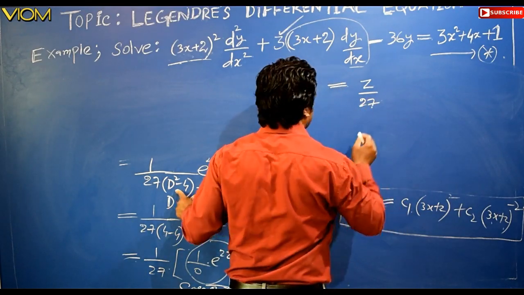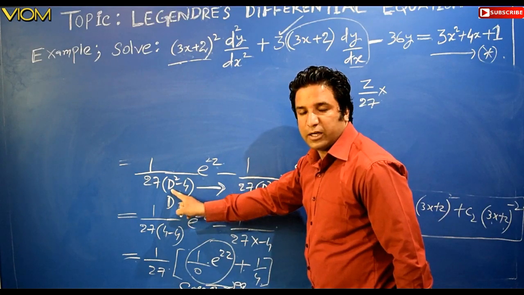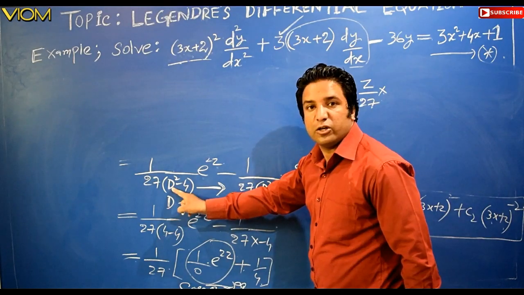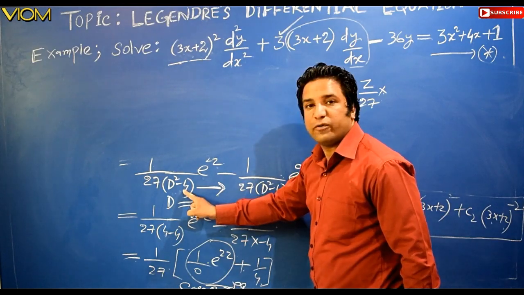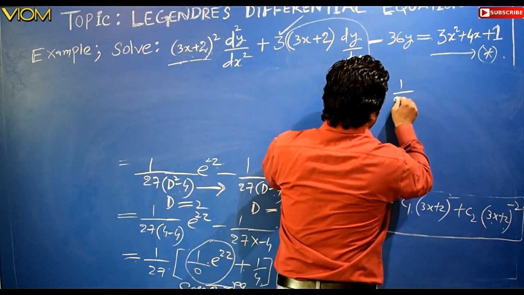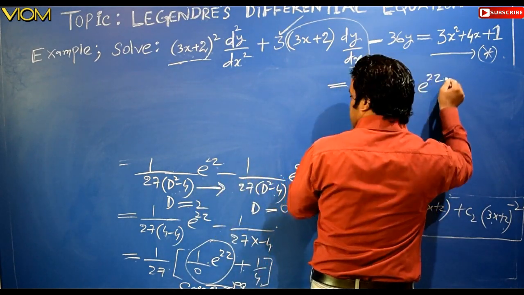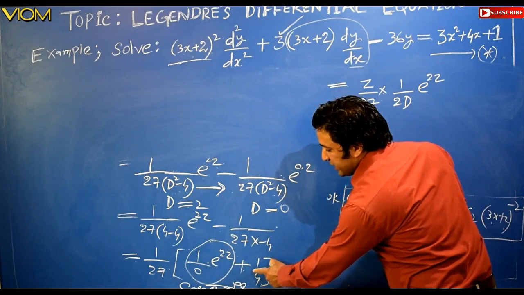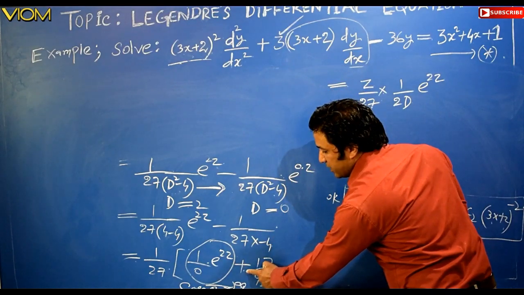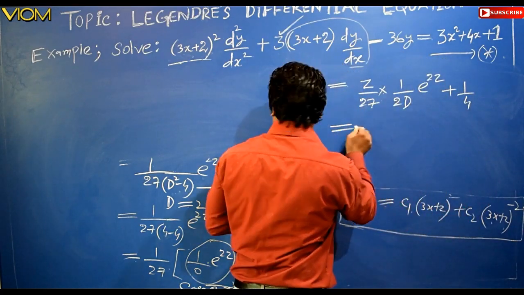This is D square minus 4, and you can differentiate this denominator with respect to D. D square has differentiation 2D, and 4, the constant, has differentiation 0. We can write here 2D. This is 1 divided by 2D, and the exponential is as it is, 2z. And what is the value in the right hand side? Sorry, the second term, this is plus 1 by 4. This is 1 by 4, as it is. It is such a simple idea.